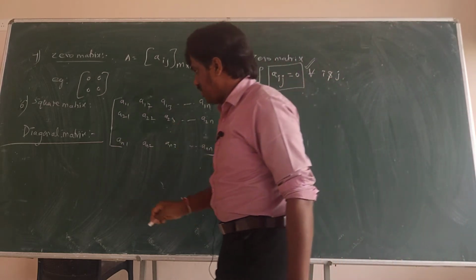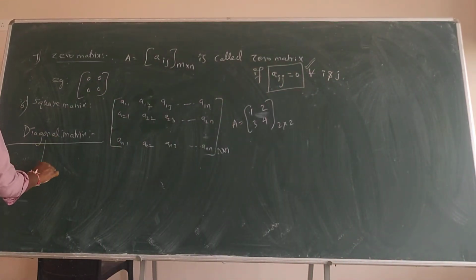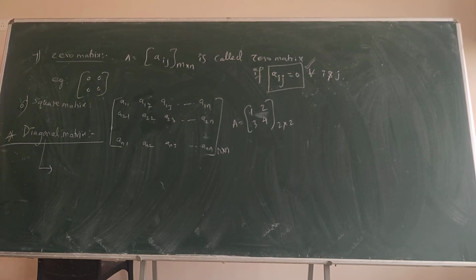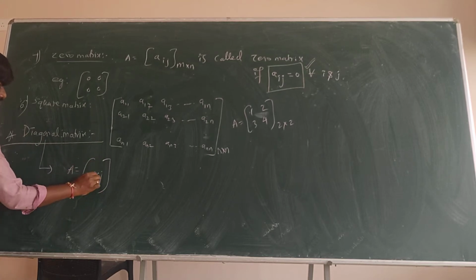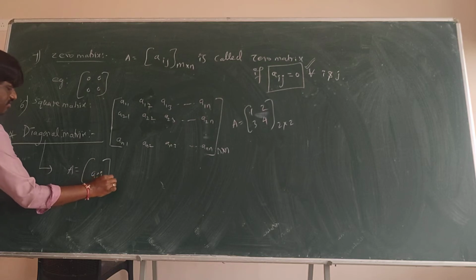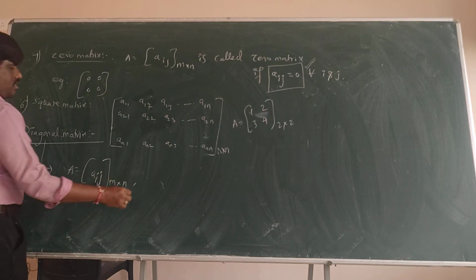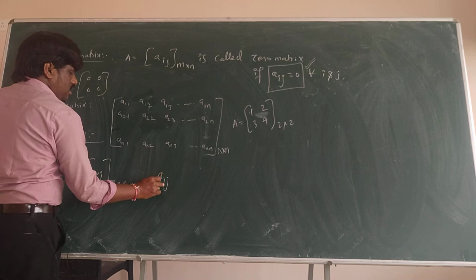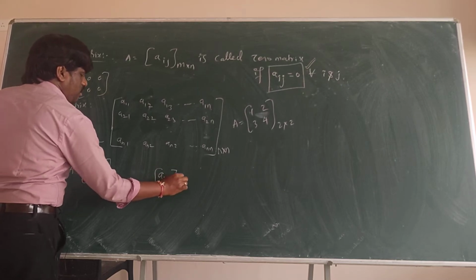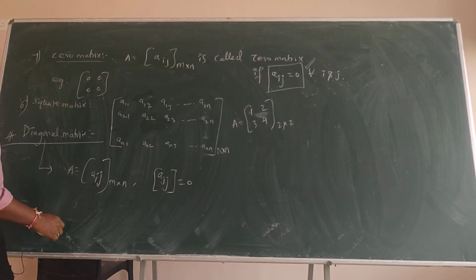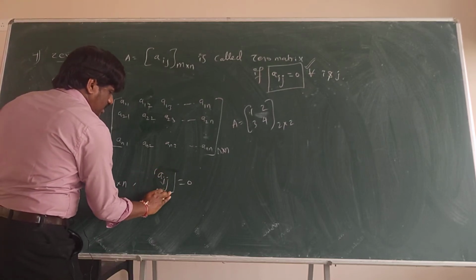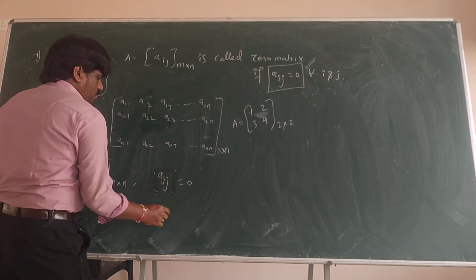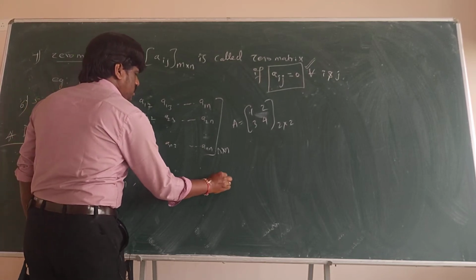Next is the diagonal matrix. Now we want to discuss the diagonal matrix, star mark. A diagonal matrix means a matrix in which, suppose A is equal to [aij] of order m cross n, aij is equal to 0 where i is not equal to j.